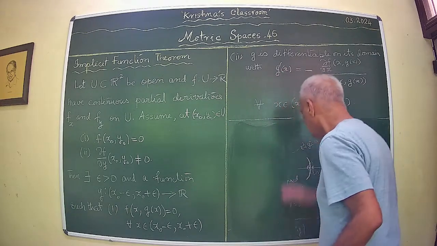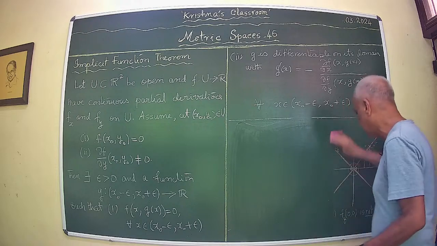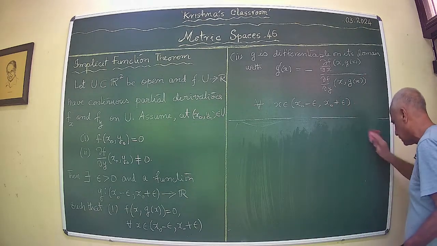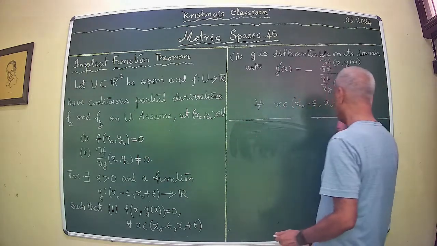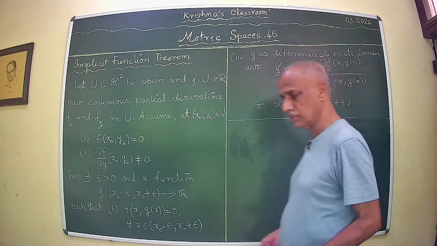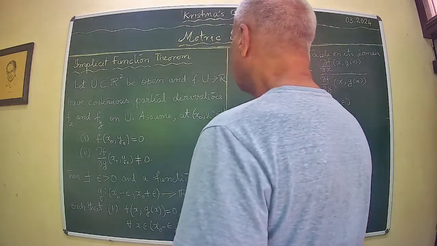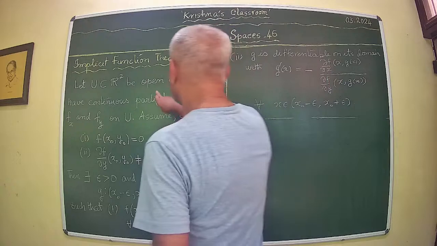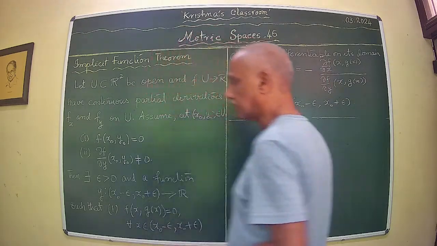They would give you the right guidance, or this explains the geometry of the problem, and give you the idea how things are posed. So, the general situation is this: U is an open subset of R2. So, we are working in R2.